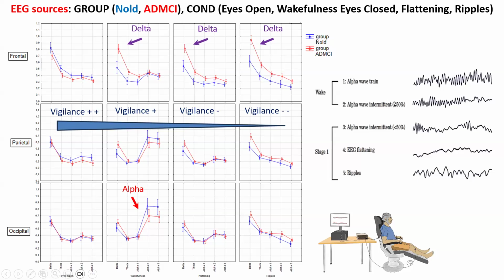If you see the period of drowsiness, the fluttering of EEG, drowsiness and light sleep, you see that there is again a decrease of alpha, which is very sensitive to this decrease of vigilance. And the same is true for occipital, the blue line, and also parietal, the blue line, and even in the frontal sources.